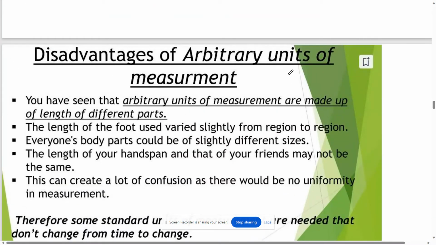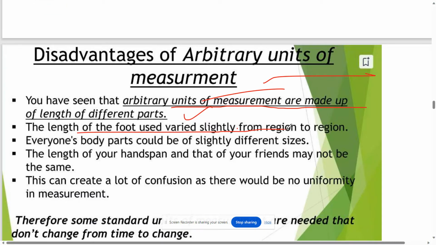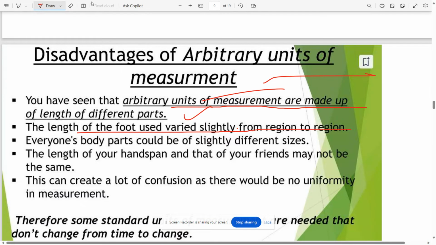Now, disadvantages of arbitrary units of measurement. You've seen that arbitrary units of measurement are made up of lengths of different body parts. The length of the foot used varied slightly from region to region. This is the most important text.